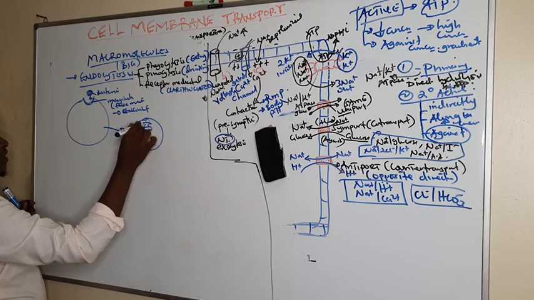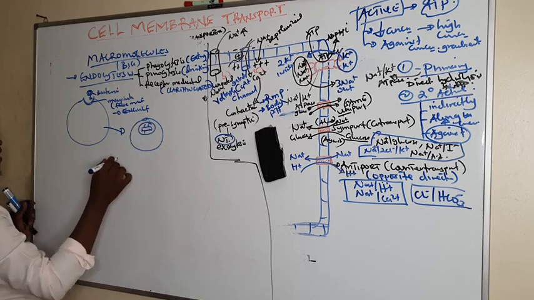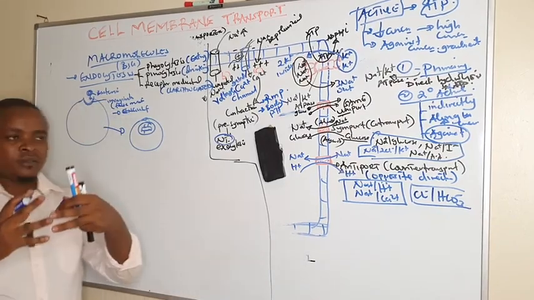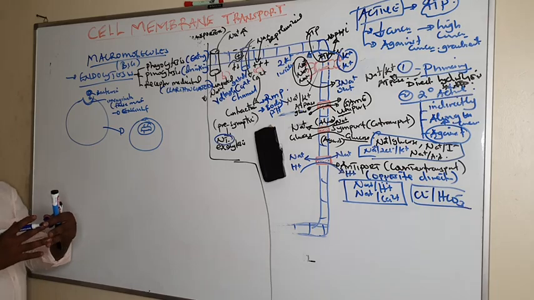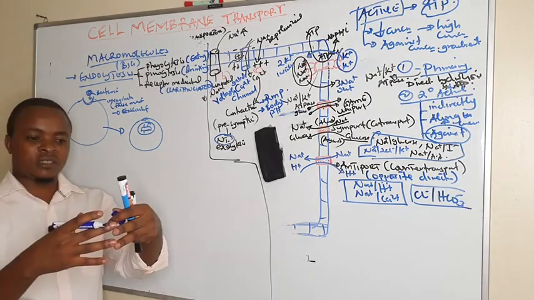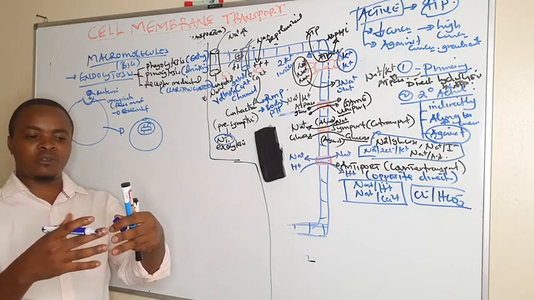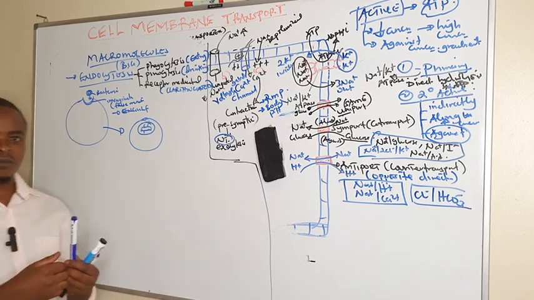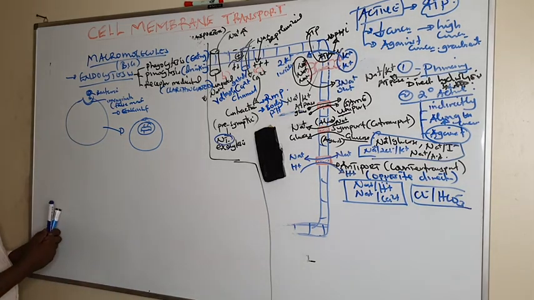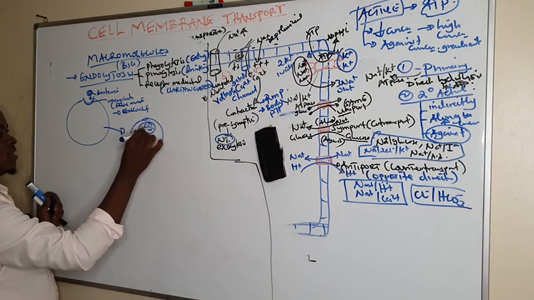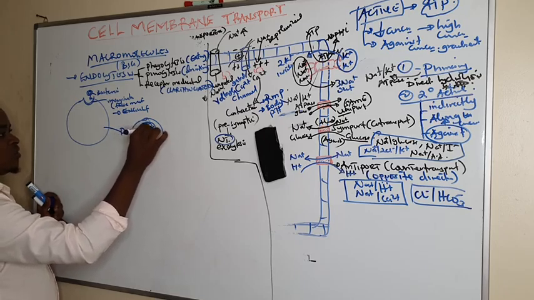This is the bacteria inside the phagosome. After invaginating, it forms a pseudopod, or what we call a false mouth, and then this false mouth engulfs the bacteria or the virus, and after engulfing it, it puts it in a vesicle which we call a phagosome.